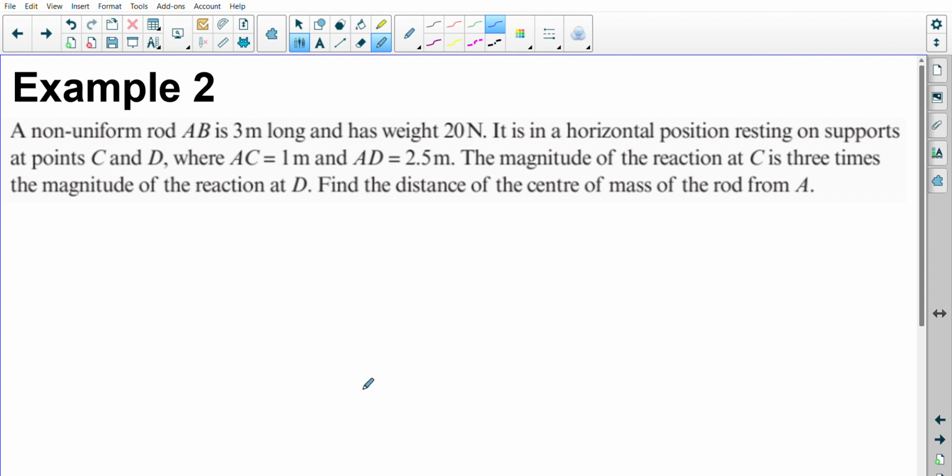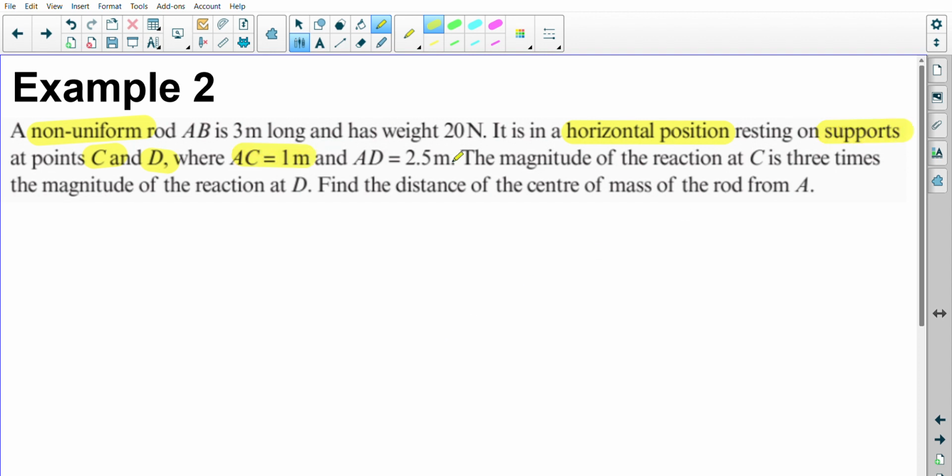Let's move on to another example. So a non-uniform rod, so again I'm thinking what that means. AB is 3 meters long and has weight 20 newtons. It is in a horizontal position, resting on supports at points C and D. So I'm going to draw those as supports.